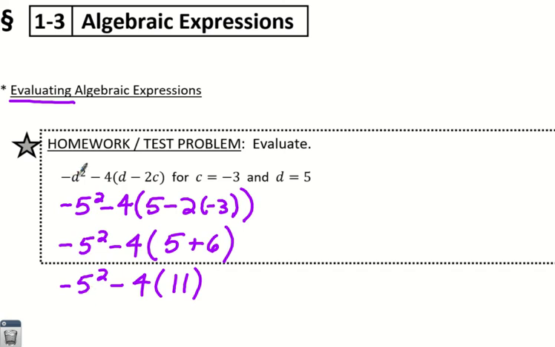It looks like we're just squaring the d, and it's negative out in front, and whatever d is, you're just squaring whatever d is, and d was 5. So again, just the way this is written right here, we're only squaring the 5. The negative is kind of out in front of that.